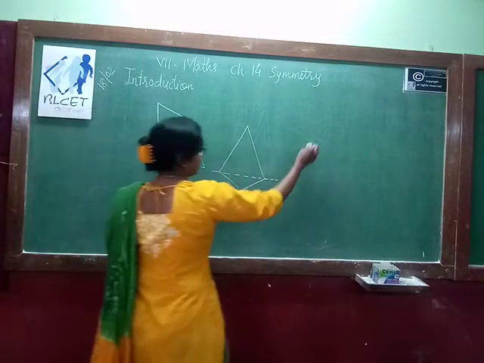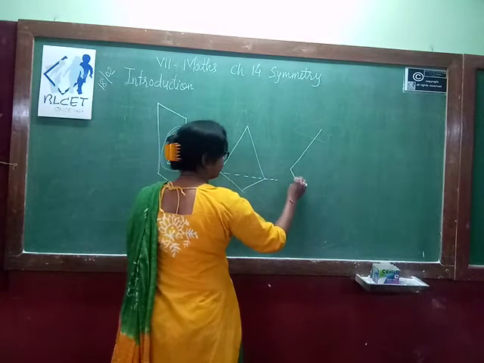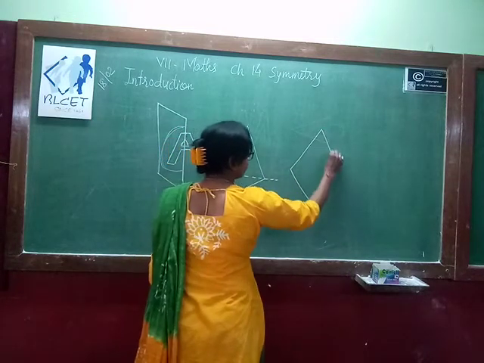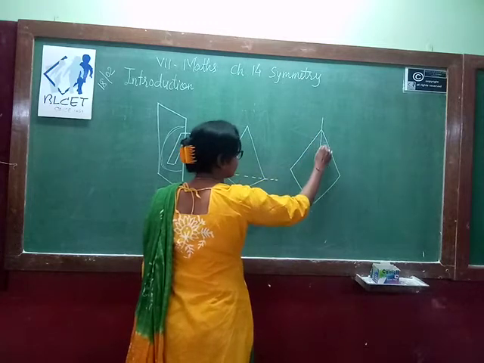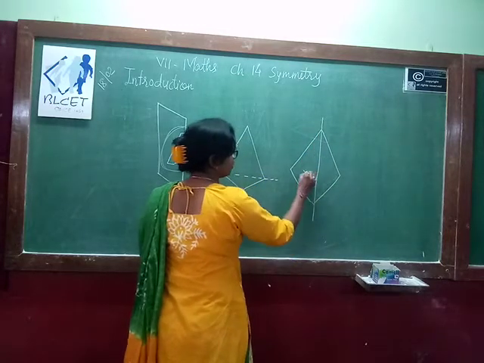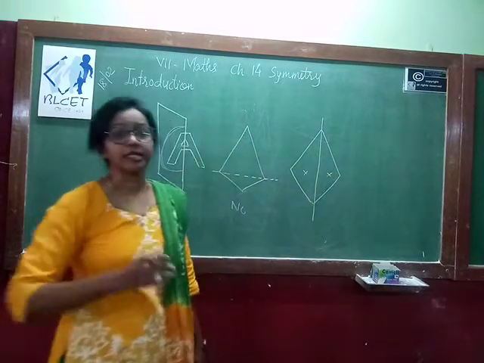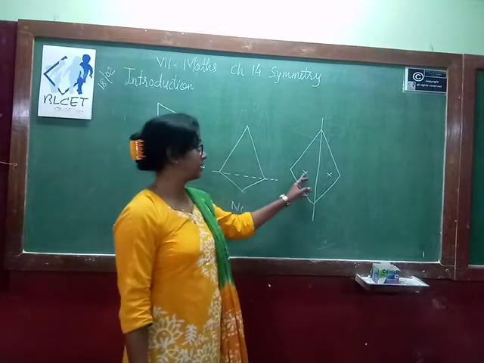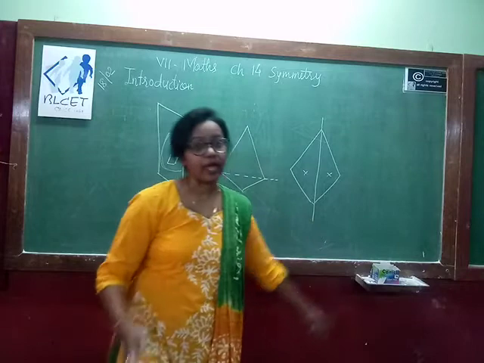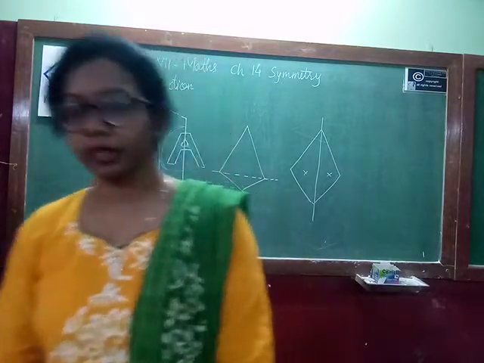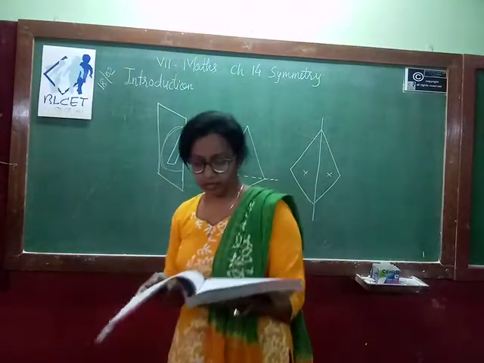But we are getting the same diagram when you keep a mirror like this. This portion and this portion both are similar to each other, so we can say yes, this is the mirror image of this one. So this is how you can find the mirror image. It is just similar to the line of symmetry.